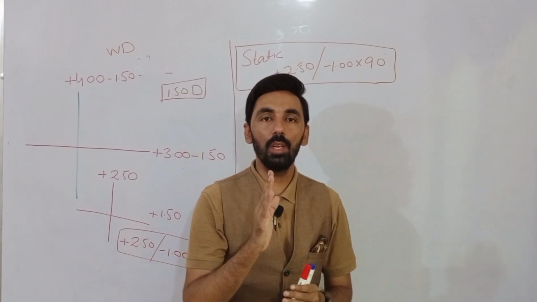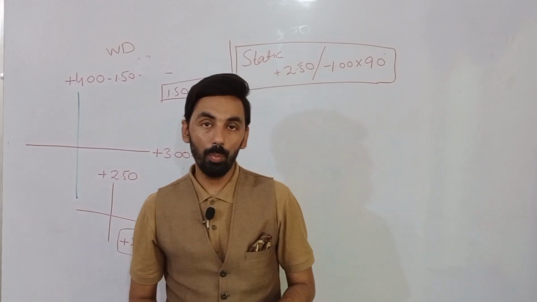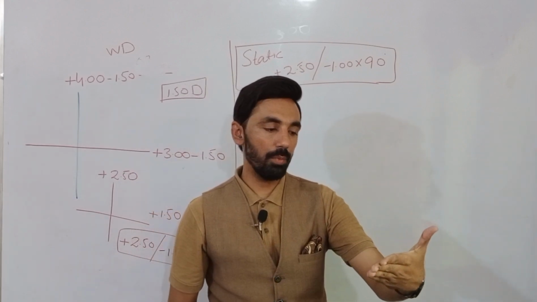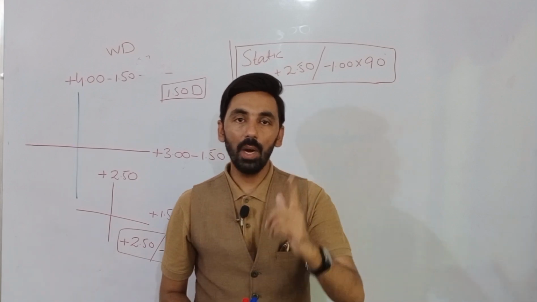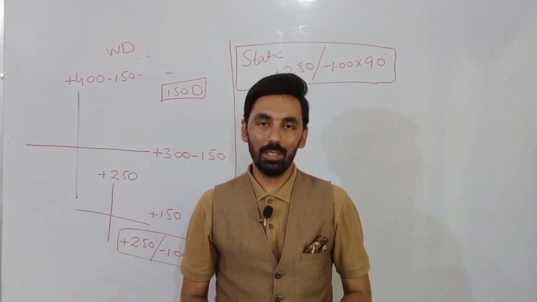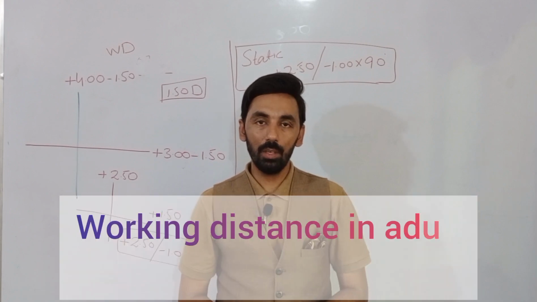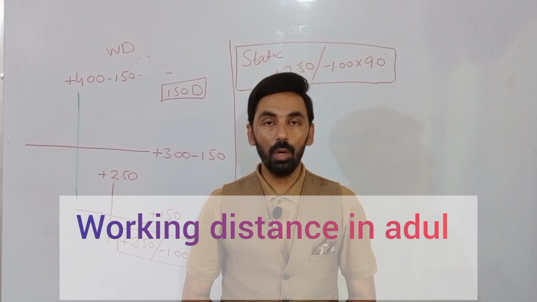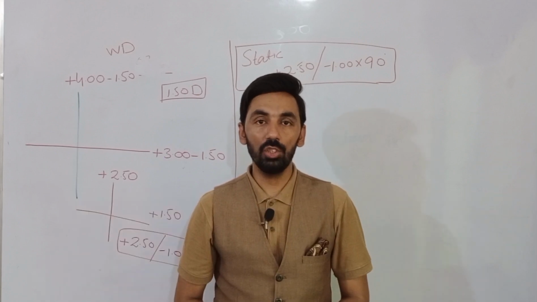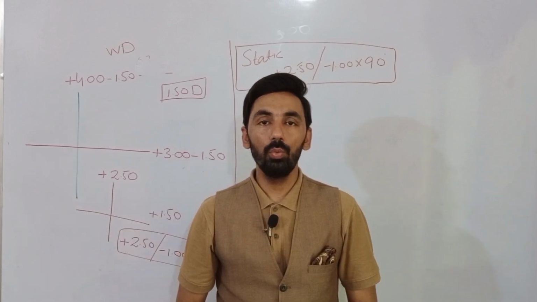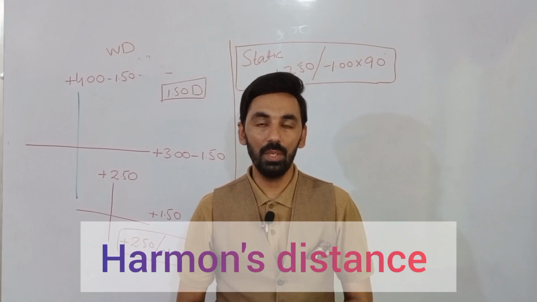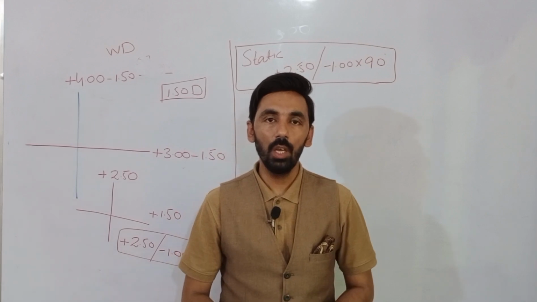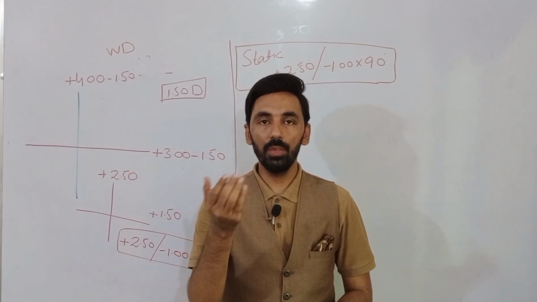And the distance between the patient and the retinoscope is 40 centimeter, because the patient likes to read at 40 centimeter, right? Keep it in mind that if you want to perform dynamic retinoscopy in an adult, the working distance should be 40 centimeter, and if you want to perform dynamic retinoscopy in a child, then you will use Harmon's distance. And what is Harmon's distance?